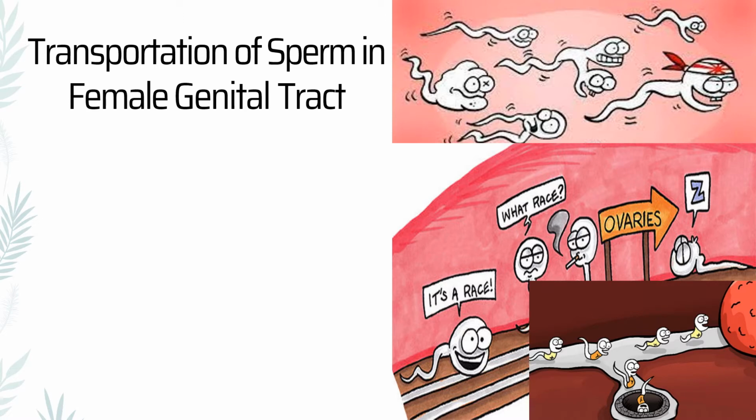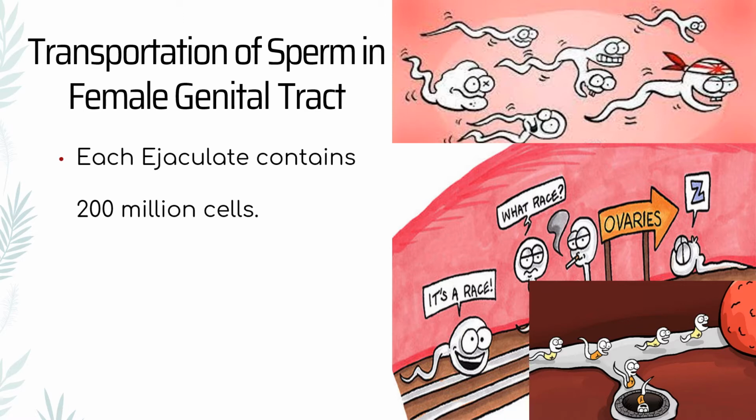Transportation of sperm in the female genital tract. After ejaculation, several million sperms, around 200 million, get deposited in the vagina. Out of these, only 50 to 100 sperms manage to reach the ovum, and only one is able to penetrate it.